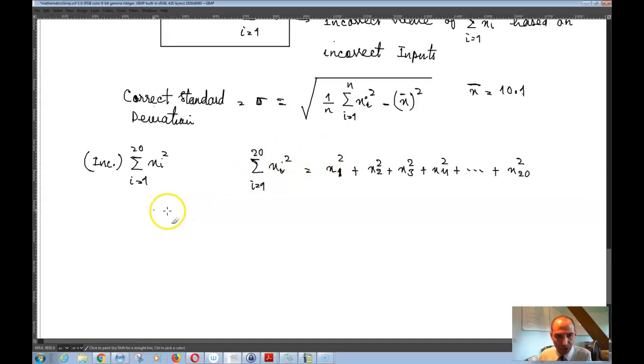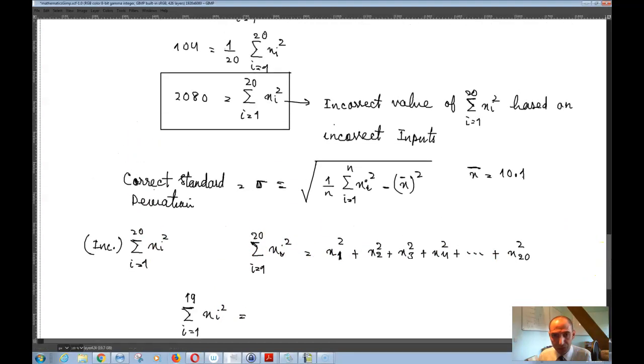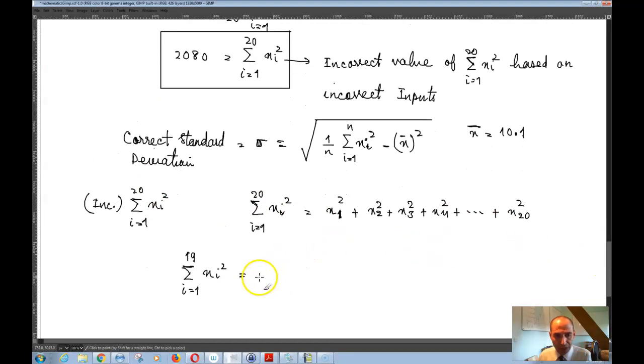Meaning that the correct value of sigma of x of I squared as I goes from 1 to, of course, 19, not 20, is going to be equal to the same sigma x of I squared that I had, which was 2080, minus 8 squared, because each x of I is raised to the second power.